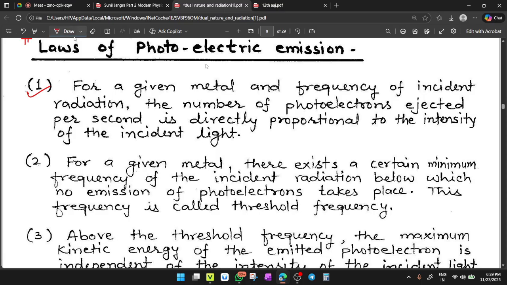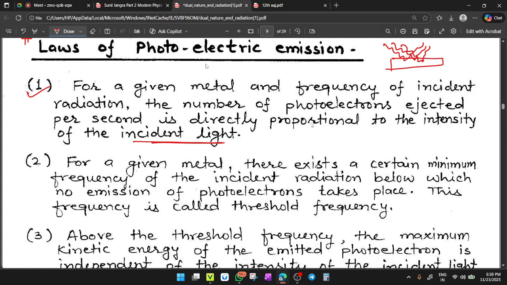First law: for a given metal and frequency of incident radiation, the number of photoelectrons ejected per second is directly proportional to the intensity of the incident light. We already have discussed that the number of photoelectrons, which is proportional to the photoelectric current, is directly proportional to the intensity, because there is one to one correspondence between the incident radiation and the number of electrons.